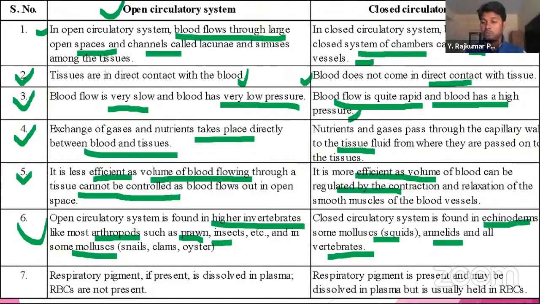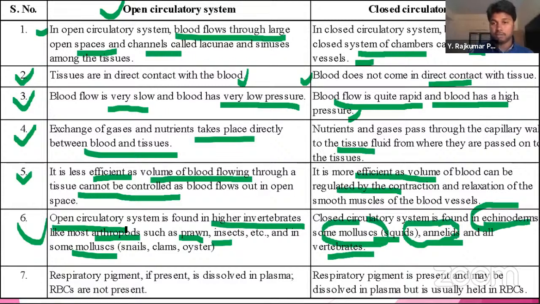So you must remember this: the echinoderms from the invertebrates, and mollusks and annelids are the three phyla in which you find this closed kind of circulatory system. Except these three phyla, you find open circulatory system in the invertebrates.